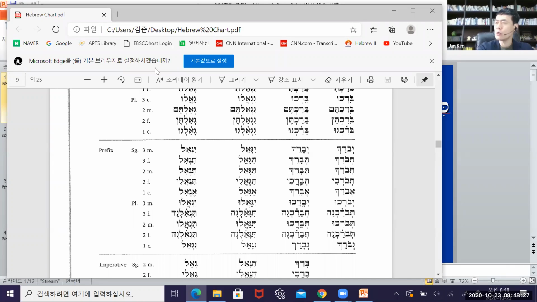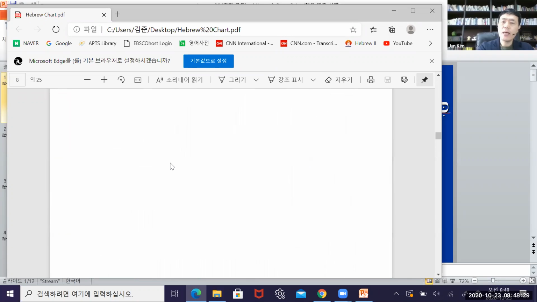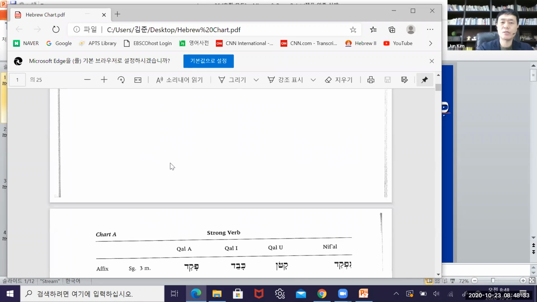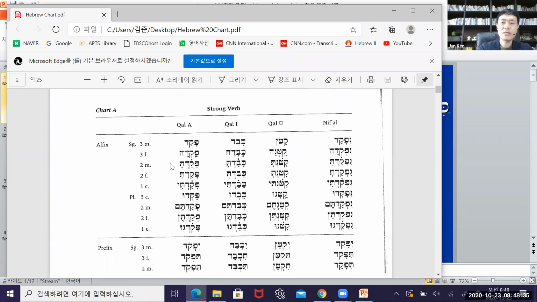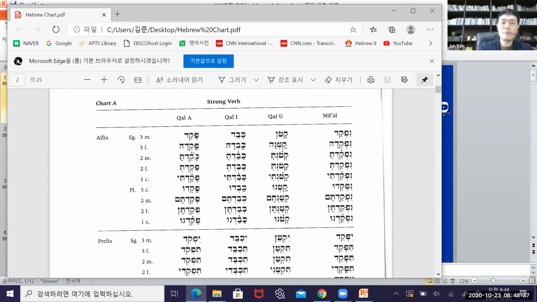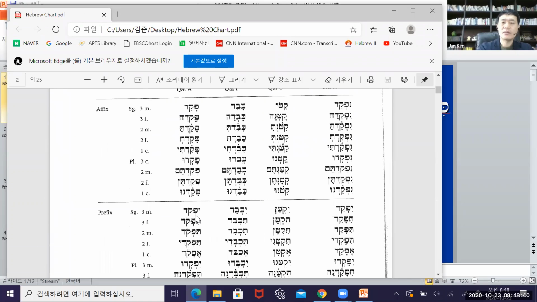But what about the strong verb in the Kal stem? Let's go to the first page. Look at this. Strong verb, Kal, and most of the time the vowel point under the first root letter in the Kal stem is shewa. Are you following me?